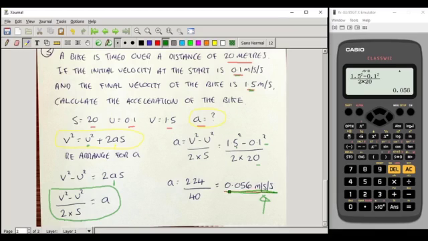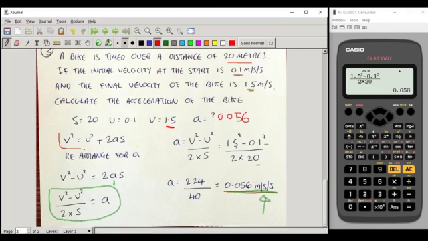The way we could do that is by putting it back into this formula and pretending that we don't know what V is. We know it's 1.5, but let's pretend we don't know, and that we were given 0.056 as our acceleration.